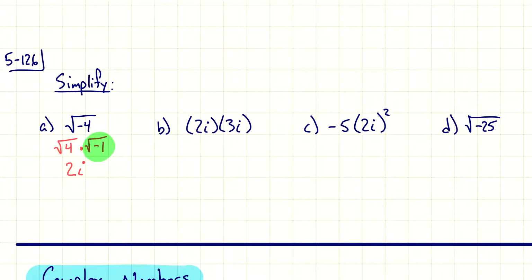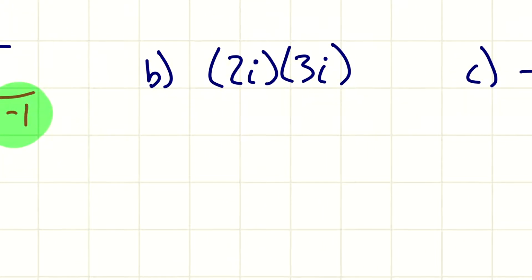So I would probably rewrite this. I'll zoom into this. It's really the same thing as 2 times 3 times i times i. That's really what I'm multiplying here. Everything's multiplication. So the numbers 2 times 3 is 6, and i times i is i squared.